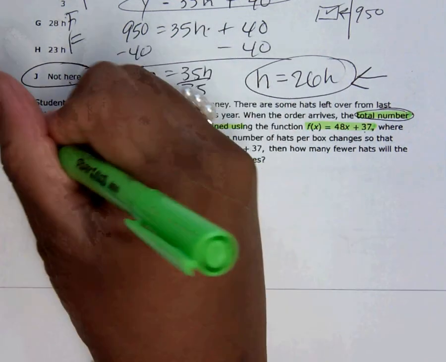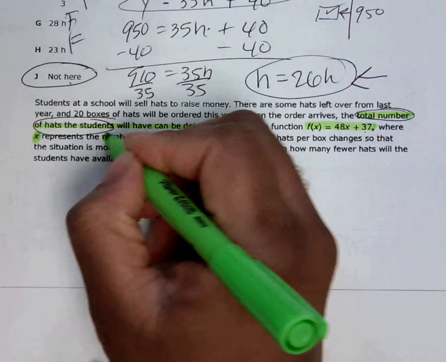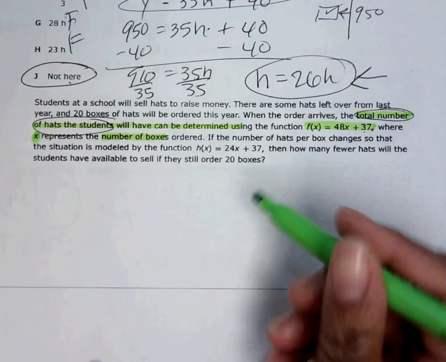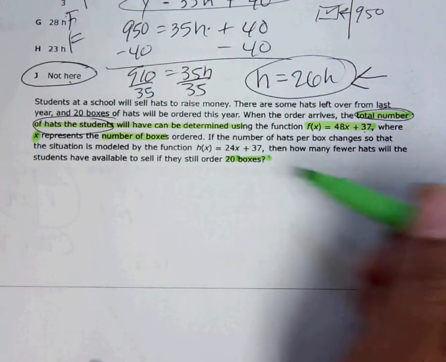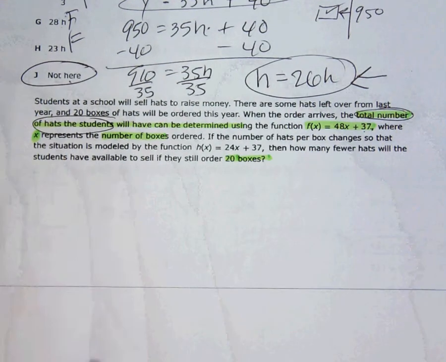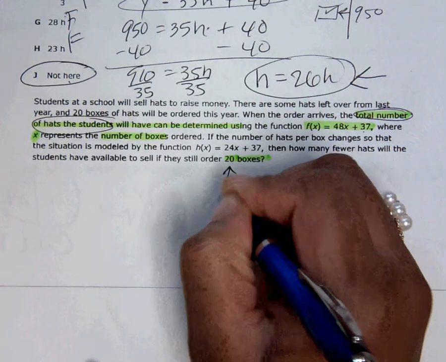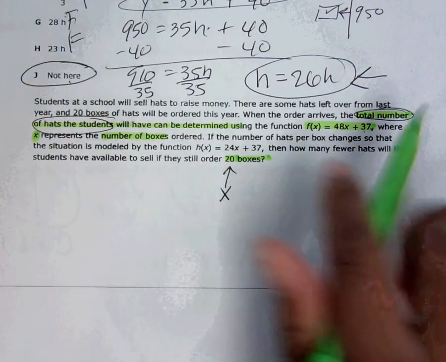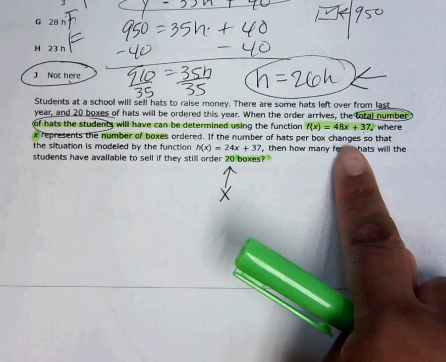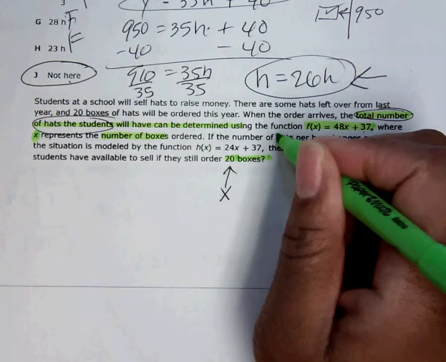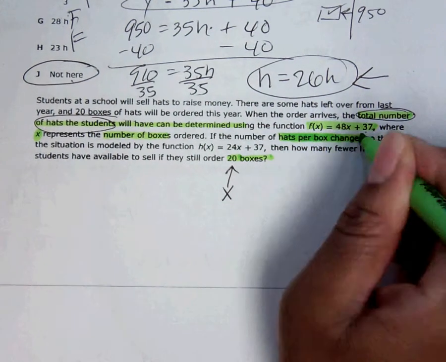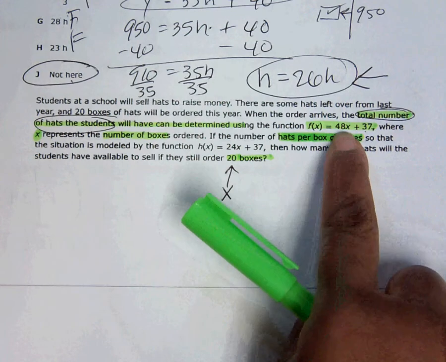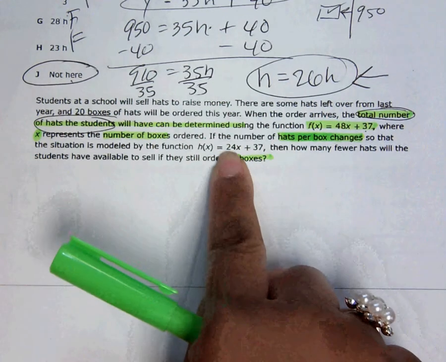Where x, okay, what is x? X is the number of boxes. Do you see the word box next to 20? What do you think 20 is? It's x. If the number of hats per box changes, so 48 changed to 24, that's what it's saying.